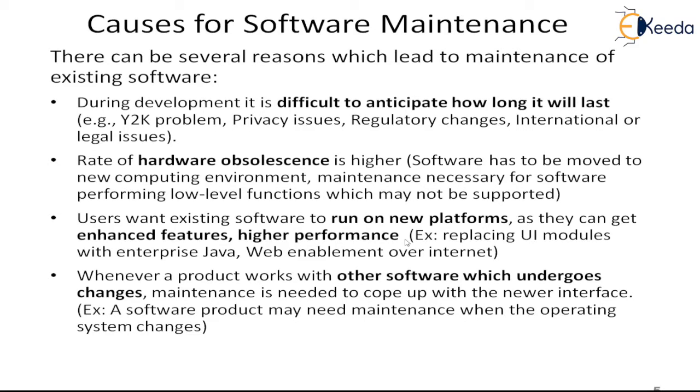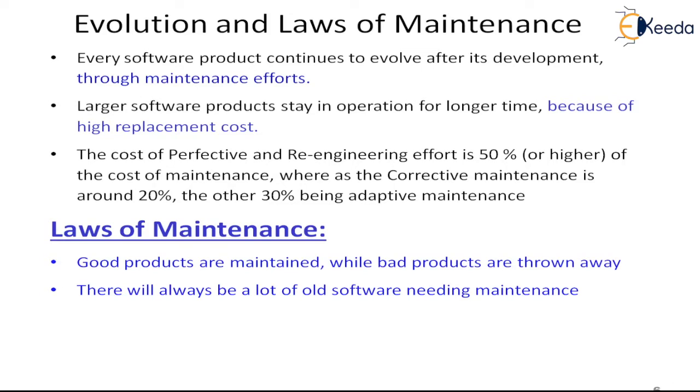You have to make it portable to different types of browsers. So that is how it happens. Suppose it is very closely interacting with another software which is undergoing a change, then you will have to adapt your product. We will look more into software maintenance.